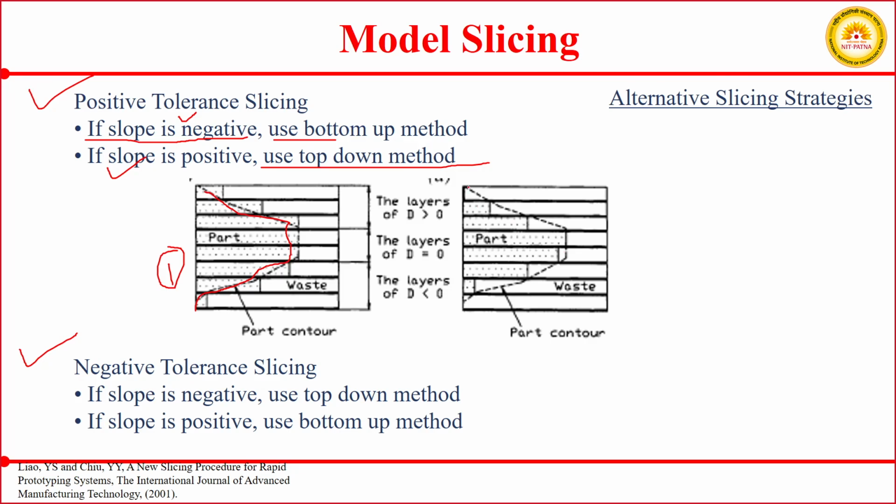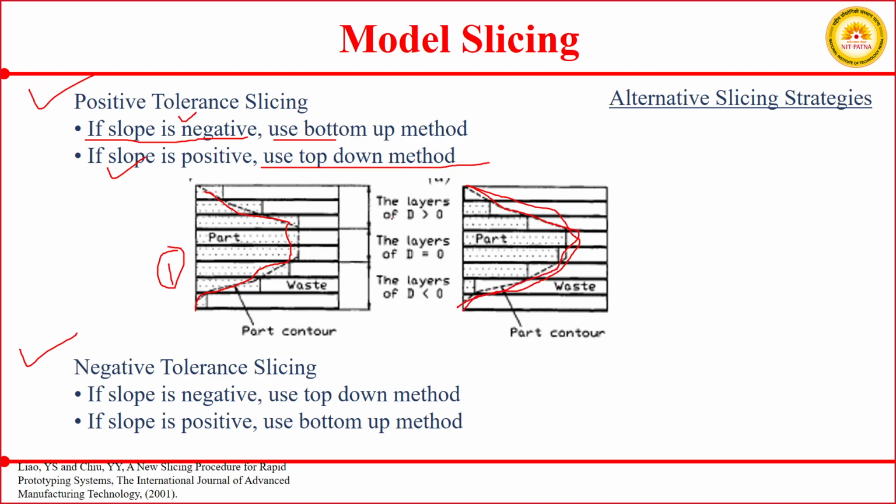Then second case is related to your negative tolerance slicing. That is, you have to always choose the approach which is corresponding to the undersize, not corresponding to oversize. Okay, so the profile should not go beyond the desired profile of our final product.